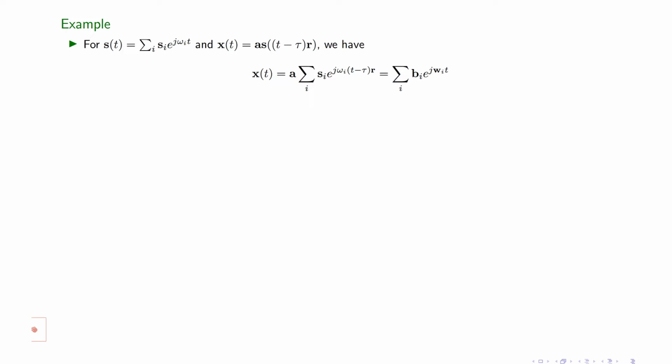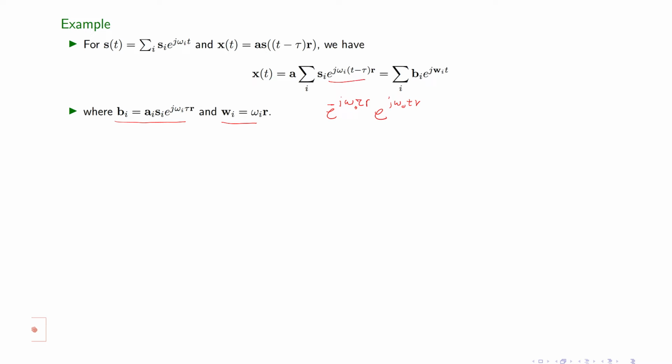Obviously, you could absorb this A into this S, and you could absorb these 2 into this S and BI. So in that case, you define BI equal to this one, and so on. The way you get this expression is e to the power j omega naught TR, and e to the power of minus, and this is 2R, and e to the power of j omega naught TR.